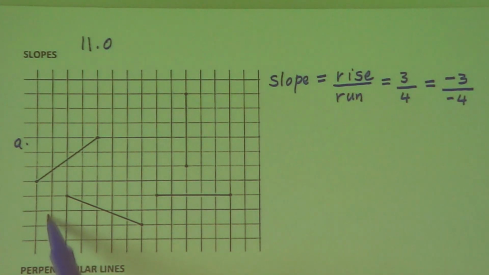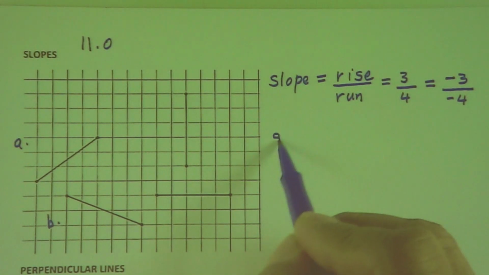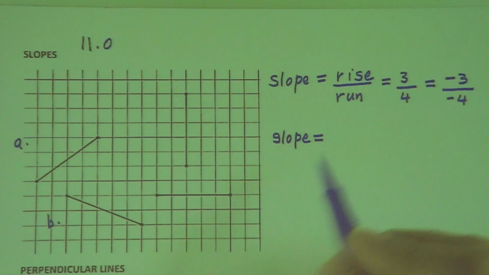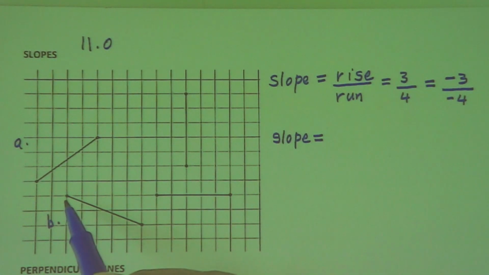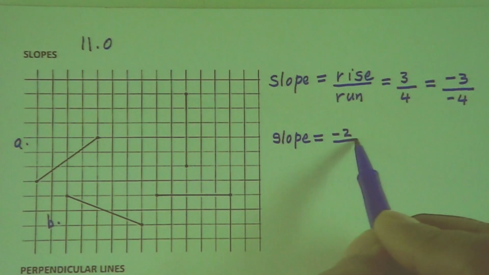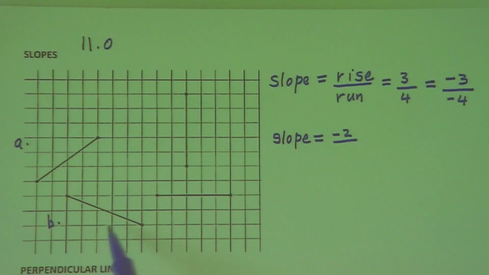Let's look at B. So slope, rise, here I will go down 2, then run 1, 2, 3, 4, 5.